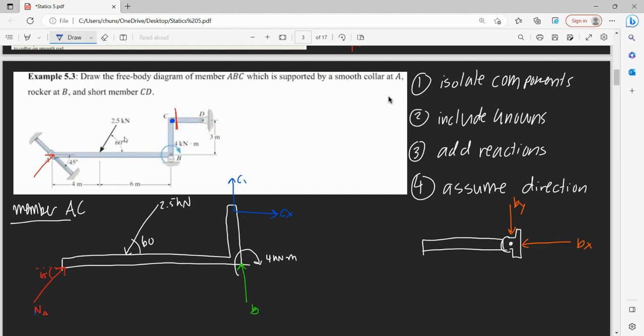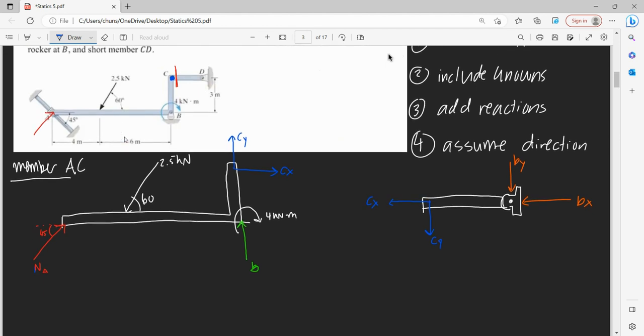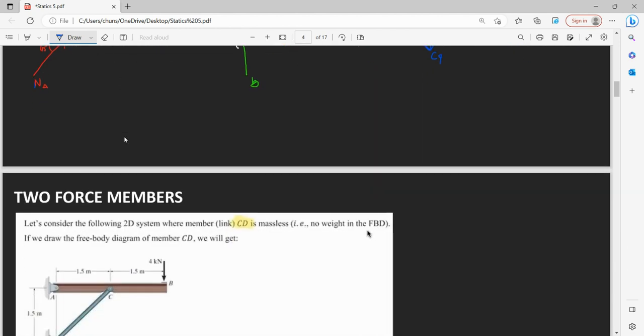Because this little pin here at our C is shared with two members, it's shared by our AC and our CD member, and we already assigned directions, then we are going to make sure those directions are opposite on our other member. So if we had positive X direction on our first member, on our second one, it's going to be pointing in the negative X direction and negative Y direction, which is opposite of our upwards direction for that pin. So that's just a brief introduction. It will be making more sense later.